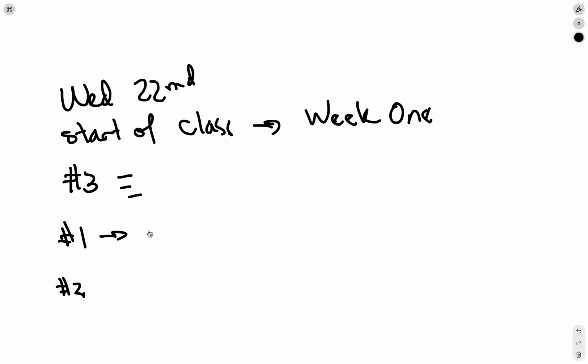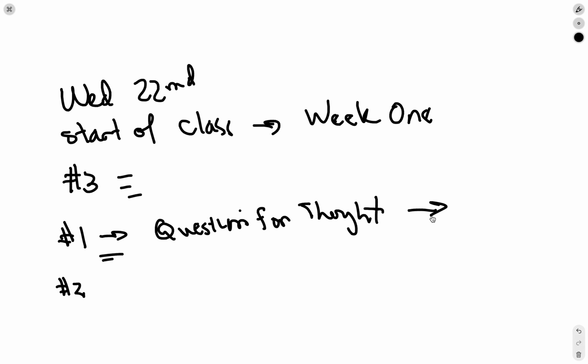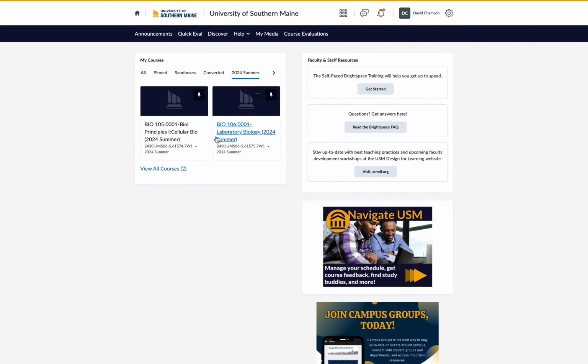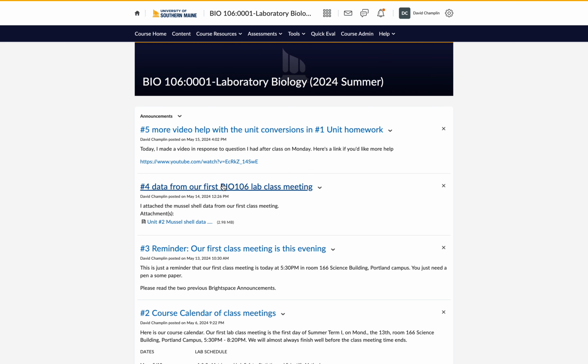And Unit 1 homework is the questions for thought at the end of Unit 1. And there's help for that in a video. So let me just cut to our Brightspace page to find that video. So here's our Brightspace course, and there was a video.